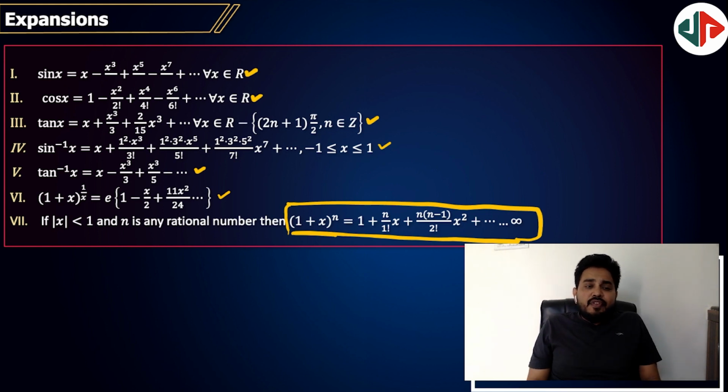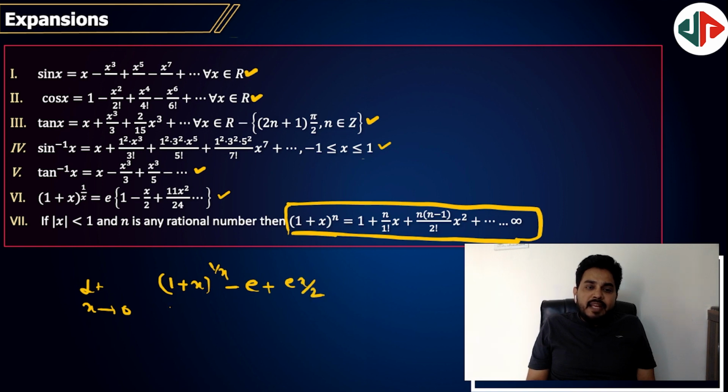And see, if you look at here, some question they'll ask, limit extending to 0, 1 plus x whole to the power of 1 by x minus e plus ex by 2, by x square. What is this value?